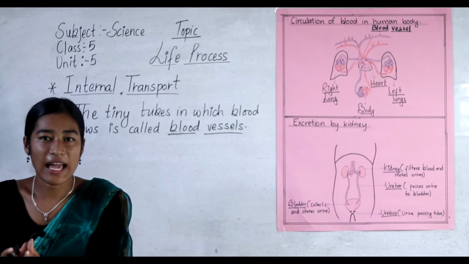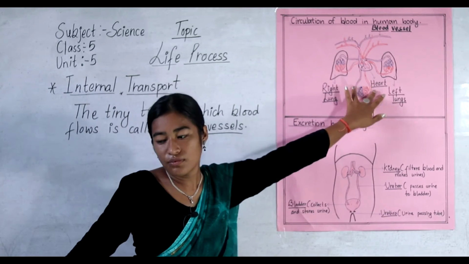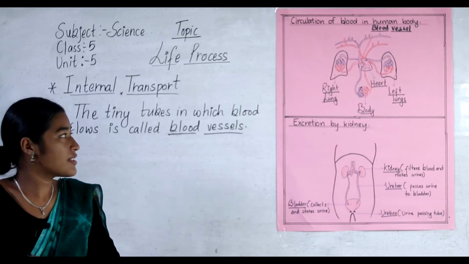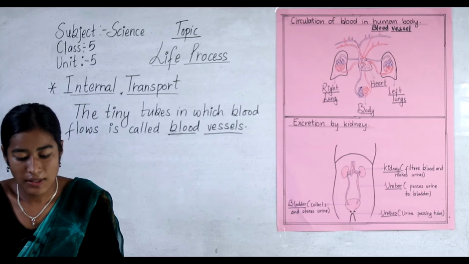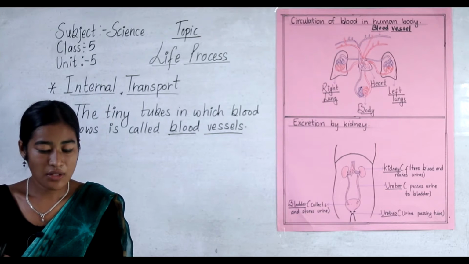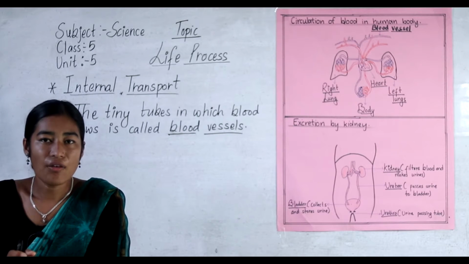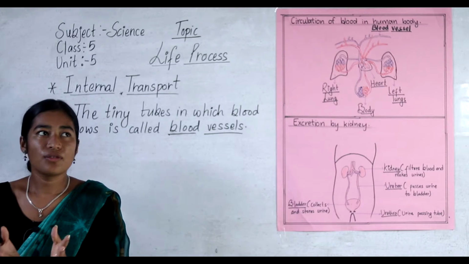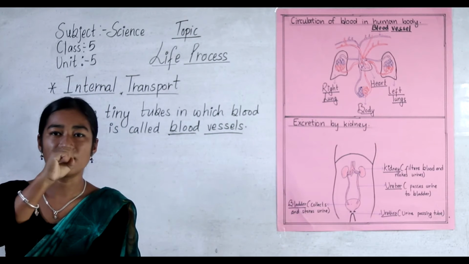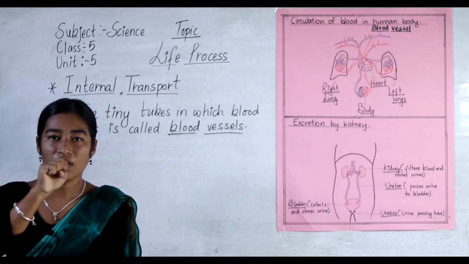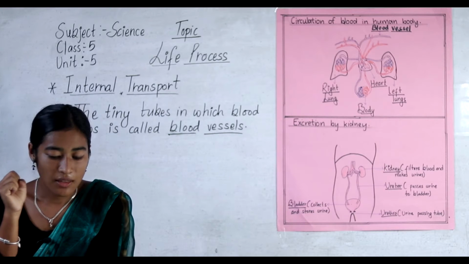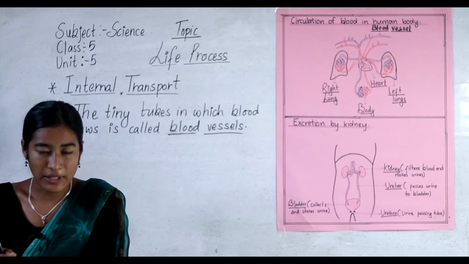The heart lies in our chest between the lungs. It is about the size of our fist. Fist means मुट्ठी. So the heart is about the size of our fist.